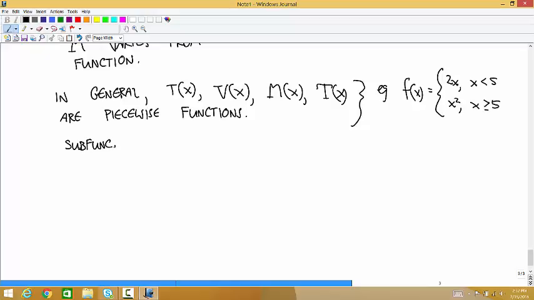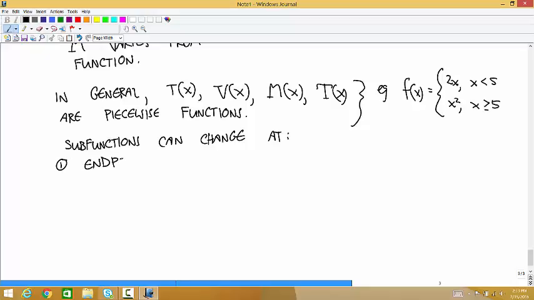And those subfunctions change, or can change, at the following places.